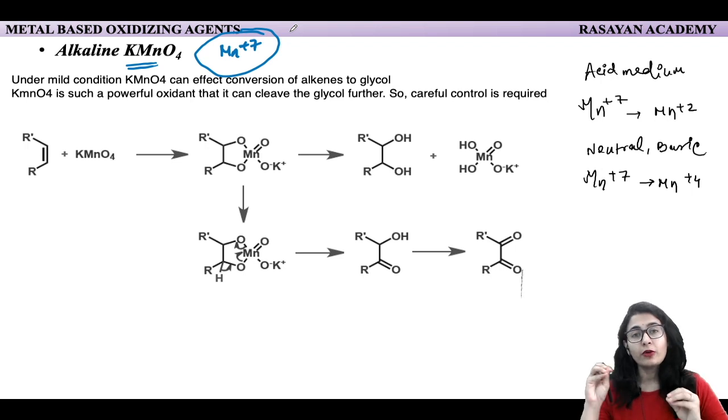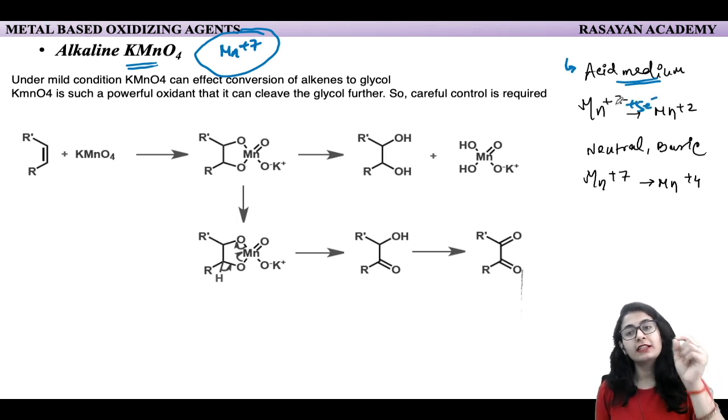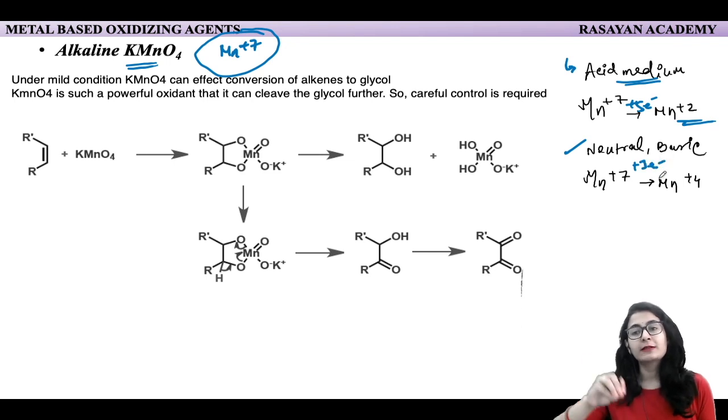Okay, so before directly jumping into looking at the applications, you must know ये reaction हमने बहुत basic classes में देखे हैं, that manganese +7 KMnO4 while doing a redox reaction in the acid medium will accept 5 electrons, all right, to go from manganese +7 to manganese +2. ये होता है acid medium में reaction. Neutral basic medium में reaction होता है, takes away 3 electrons to go from manganese +7 to manganese +4. Okay, so the reactivity will also be different.